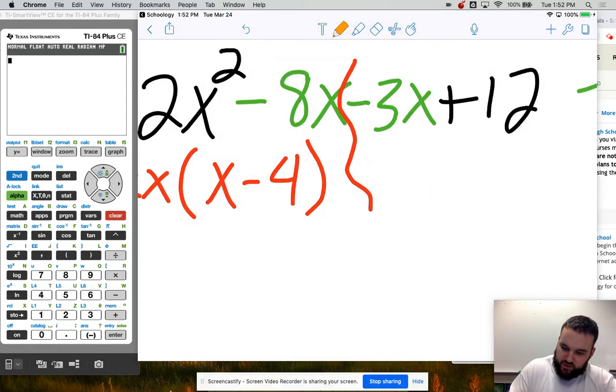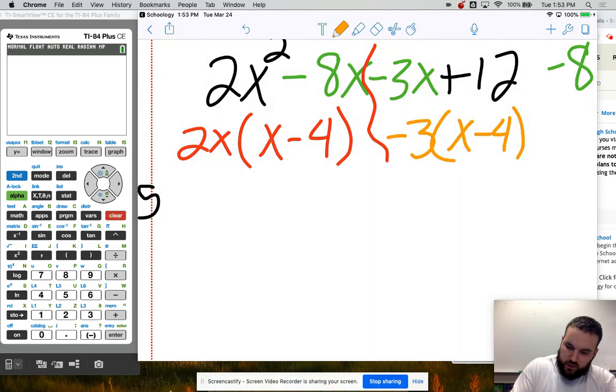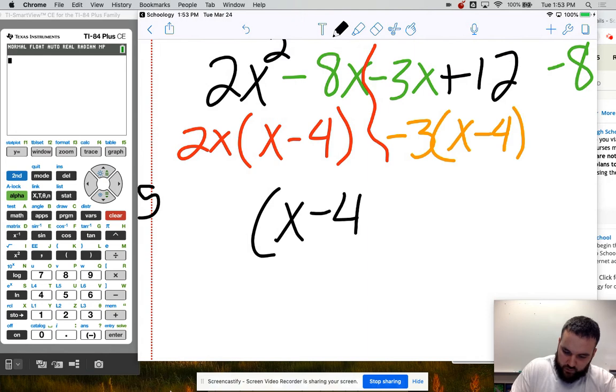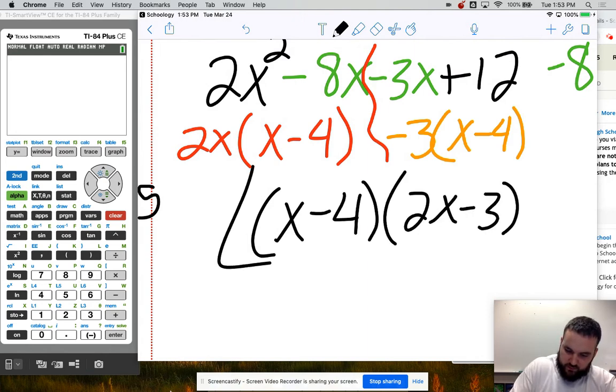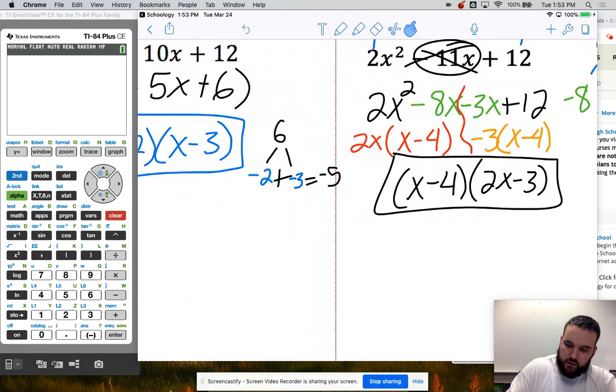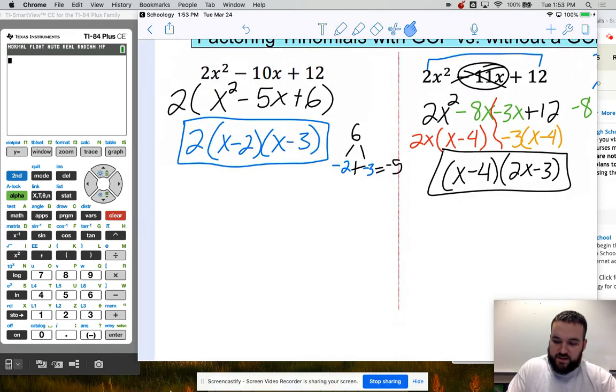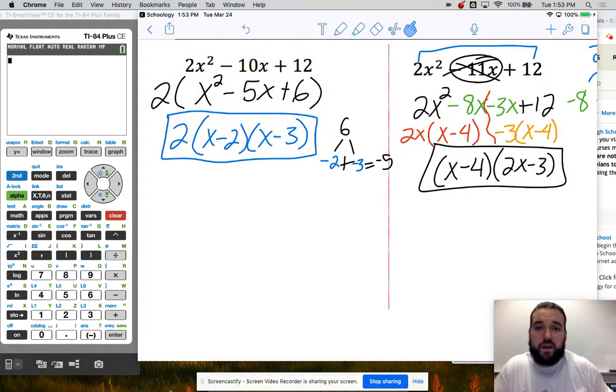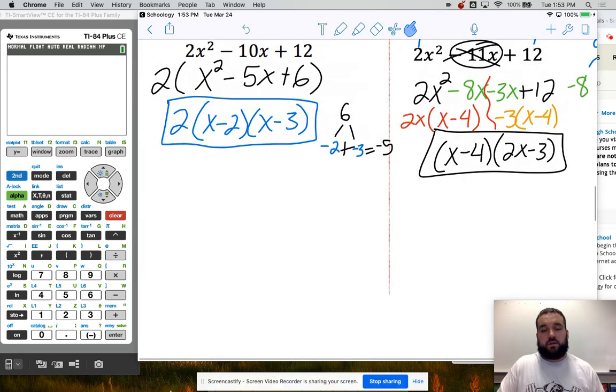Right half has a GCF of negative 3, which leaves me with x minus 4. So now we have x minus 4 as one factor, times 2x minus 3 as the other factor, and we're done.